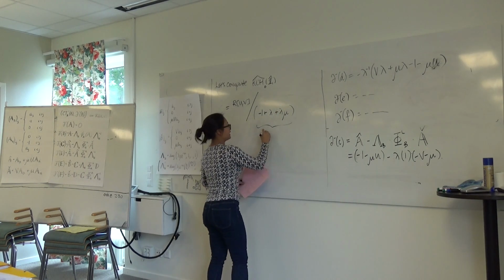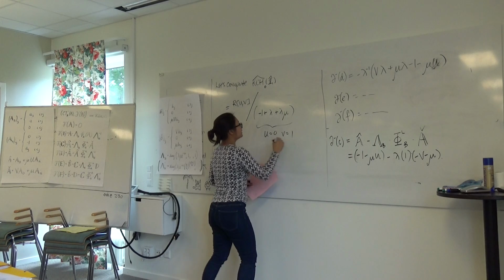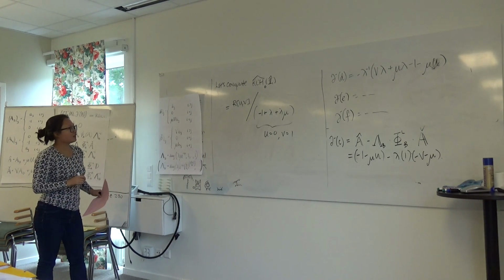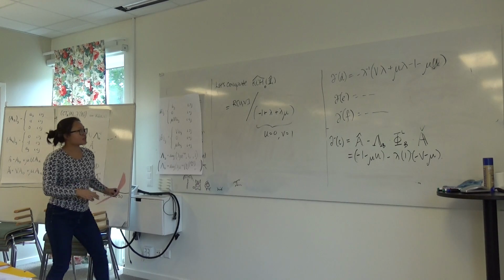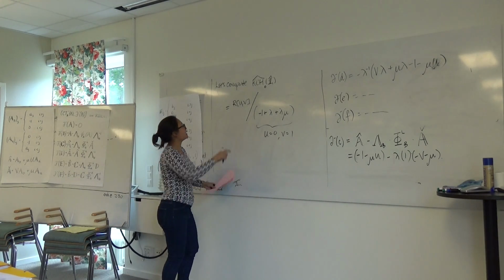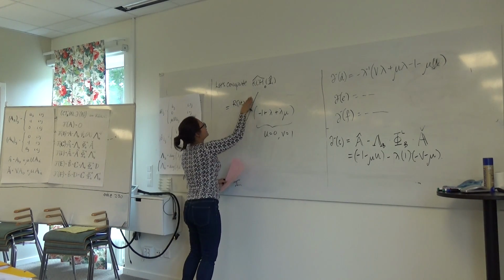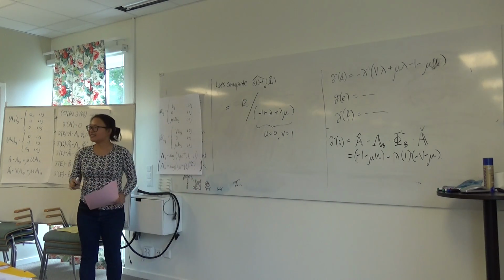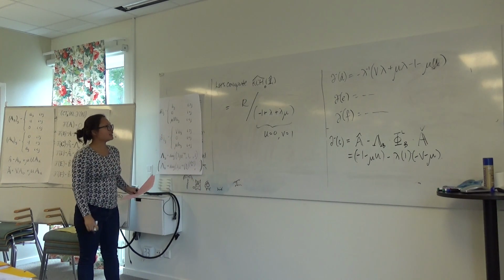Oh, yes, so u equals 0, v equals 1. And so it's R mod that ideal. Yeah, it's R adjoined U and V. In the hat version, it's definitely just R.